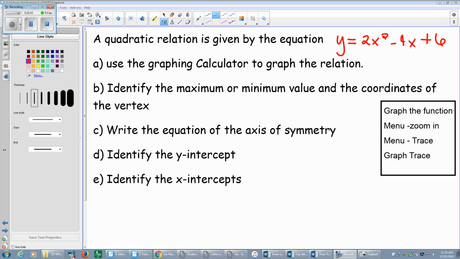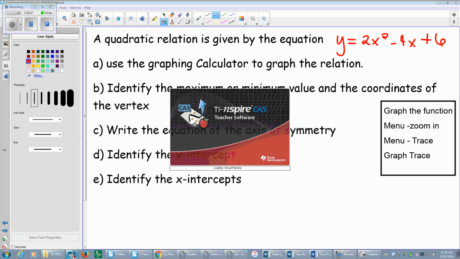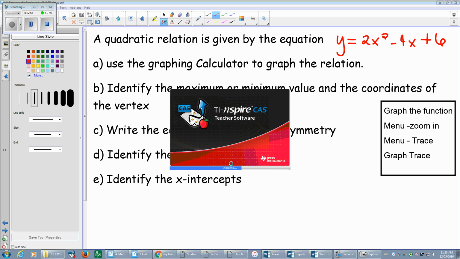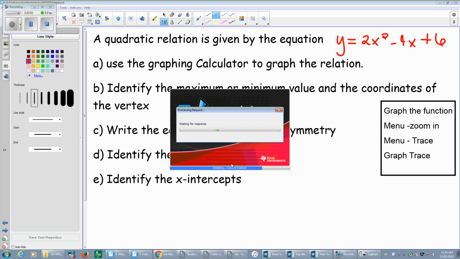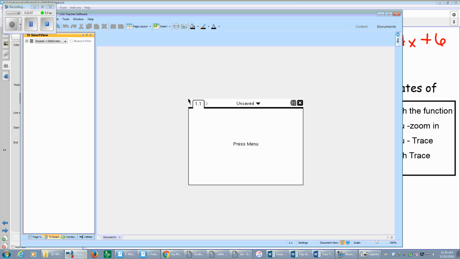Okay, so you should have this all copied out. If you want to open up your graphing calculators, I'll go over the sequence of how awesome this graphing calculator is because it really tells you everything. You're going to have a couple questions like this in your homework where you have to use the graphing calculator.